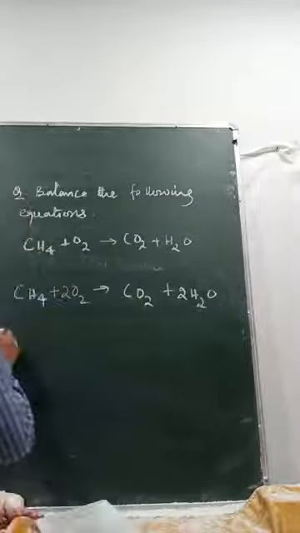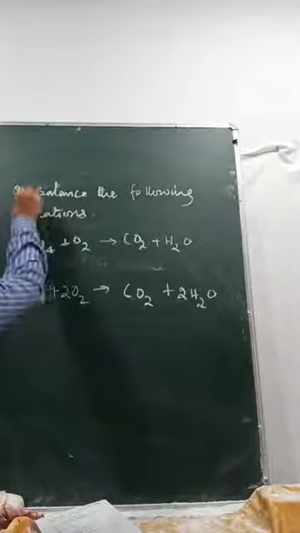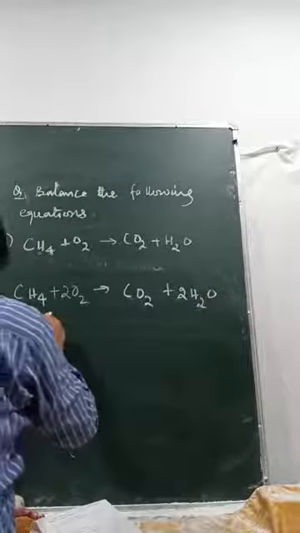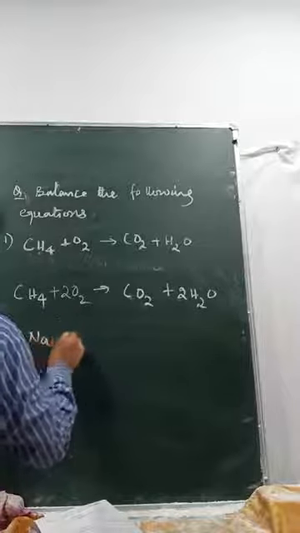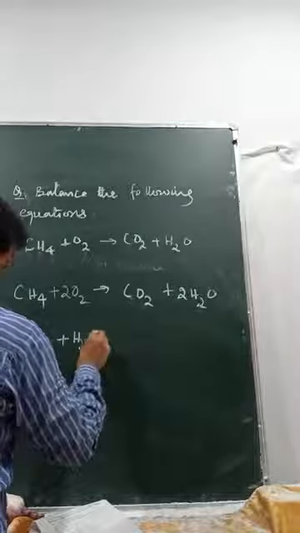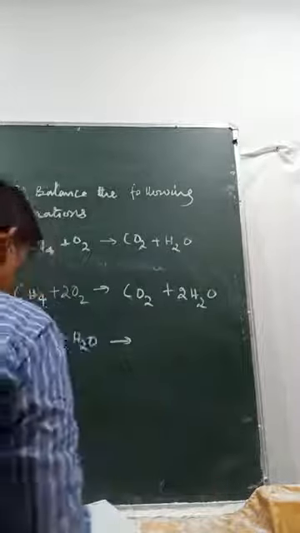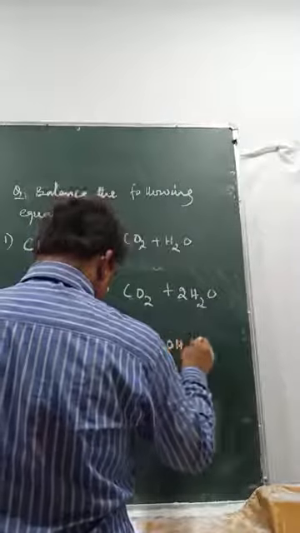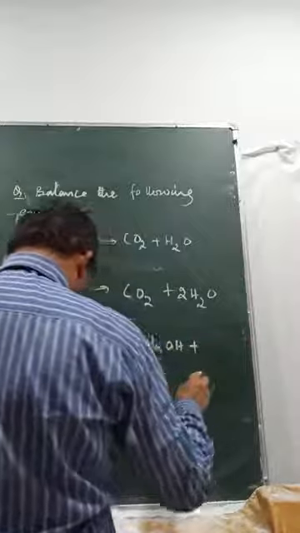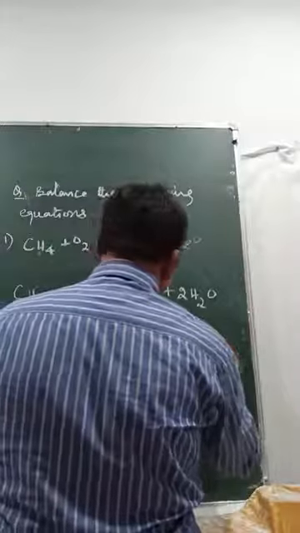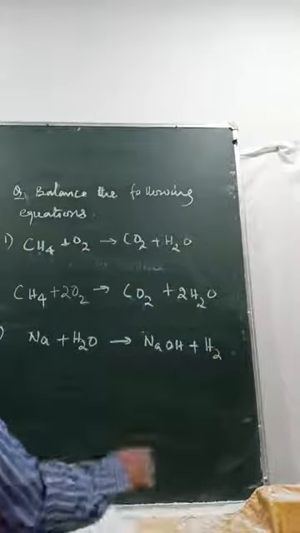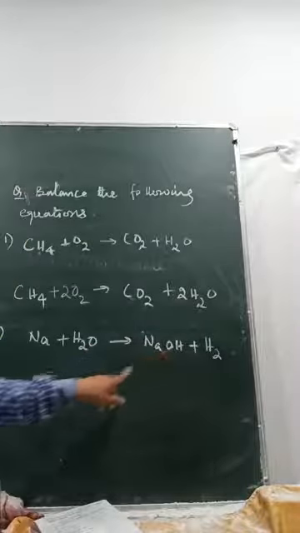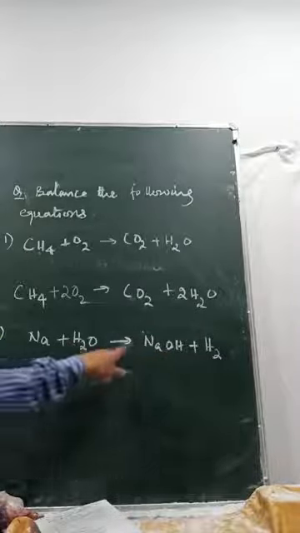Suppose sodium plus water gives you sodium hydroxide NaOH plus hydrogen. Okay, 1 oxygen, 2 hydrogen, 3 hydrogen.